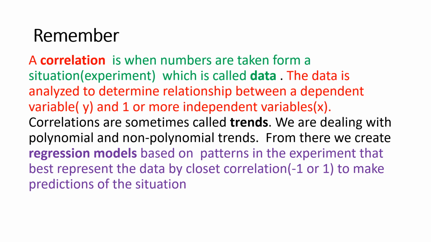Correlation sometimes will be called trends. We are dealing with polynomial and non-polynomial trends. And then we create regression models based on the patterns in the experiment that best represent the data, closest to the correlation, so negative 1 or 1, to make predictions of the situation.